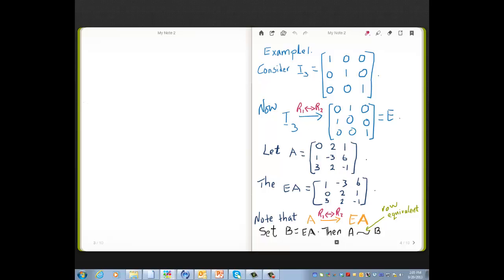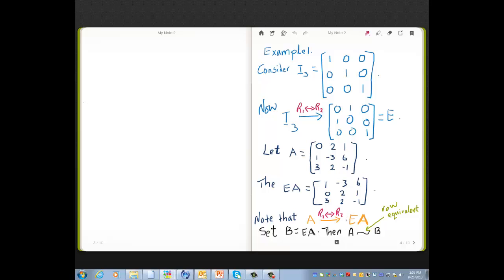So if I perform an elementary row operation on the identity matrix and get an elementary matrix E, and multiply E on the left to any matrix, basically I would be performing that same elementary operation on the matrix A. And this is a very big thing in elementary matrices which I want you to remember.